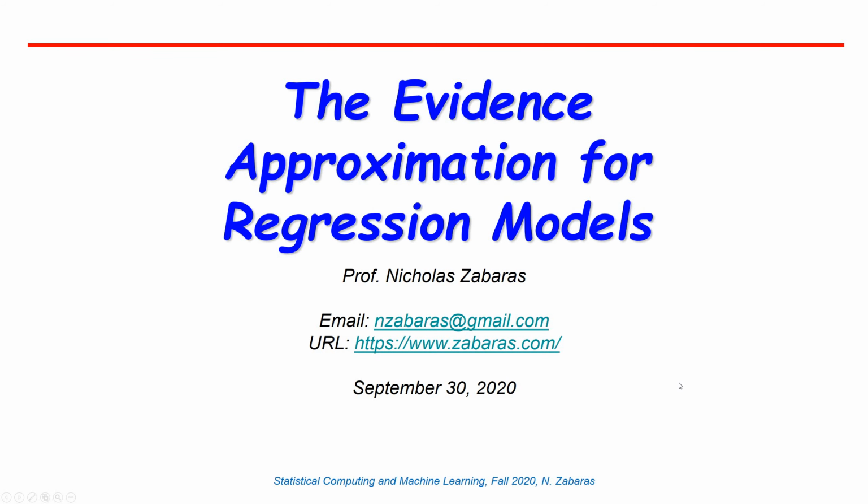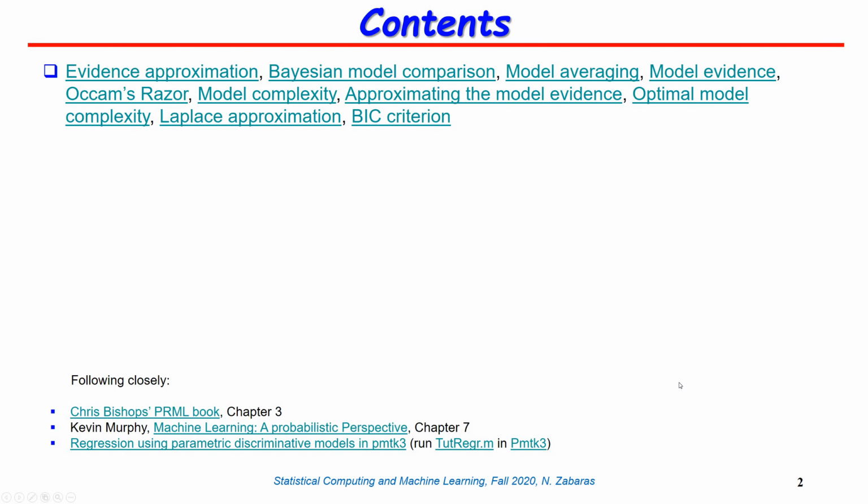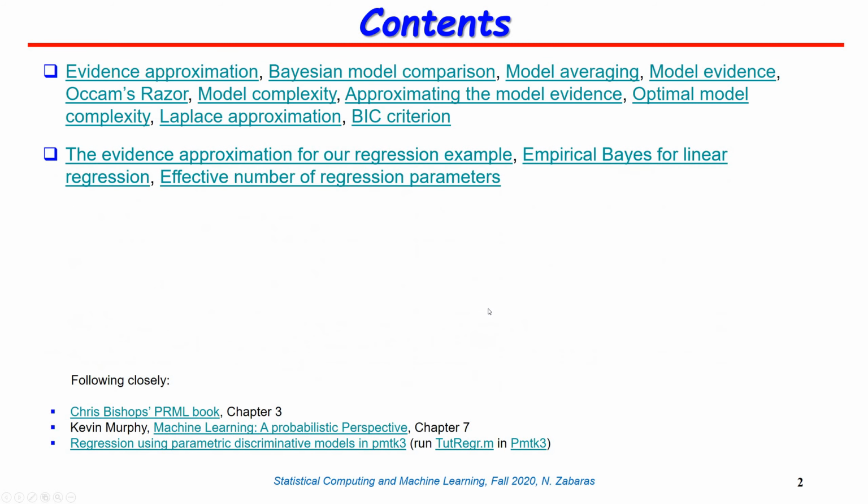So let's see what the topics to be covered today. We will review some of the basic things we have seen about the evidence approximation, and we will apply those directly to our standard regression problem.